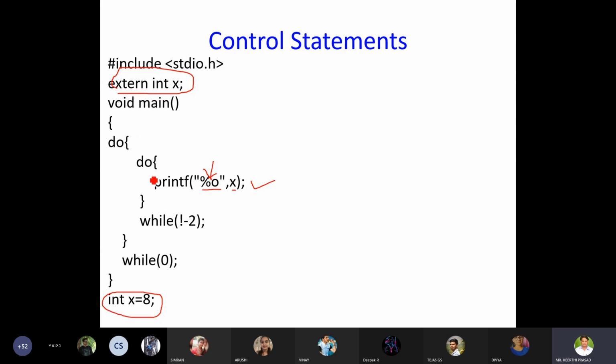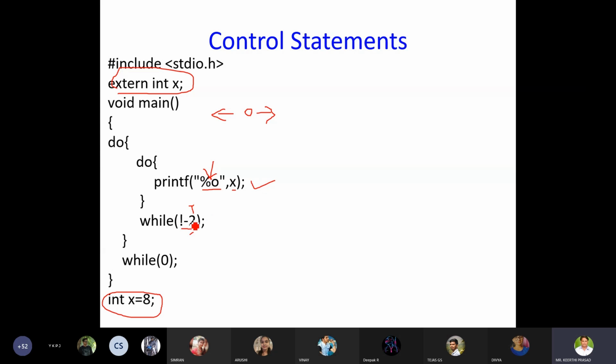First, we come to the do statement. As you know, no checking is done the first time, so this printf is executed. While, what is the result of not -2? True or false? -2 means true. Exactly 0 is treated as false; any positive or negative number apart from 0 is treated as true.